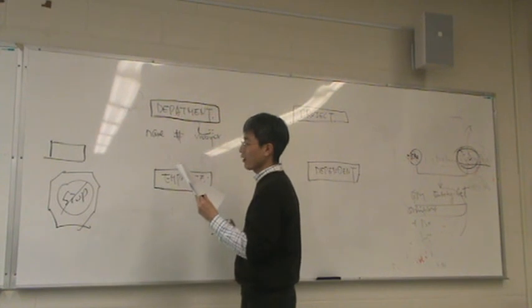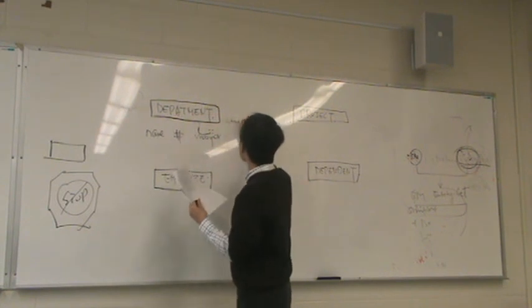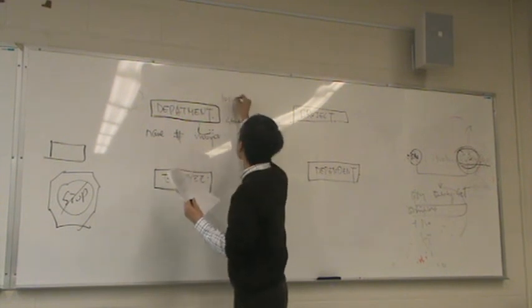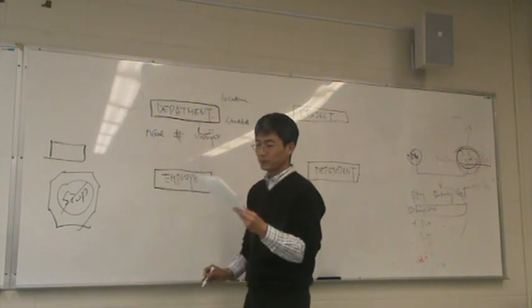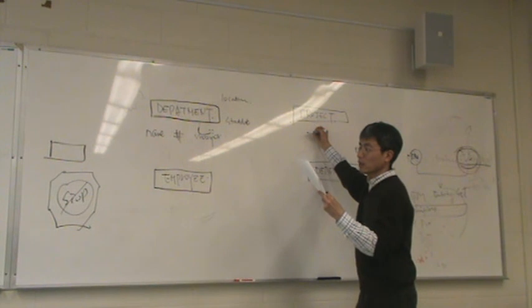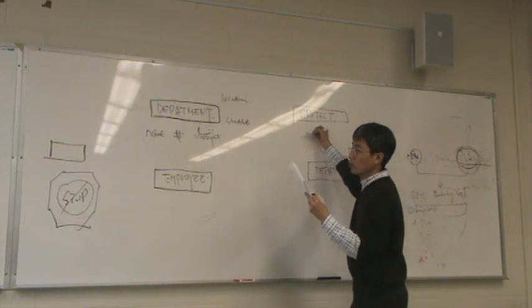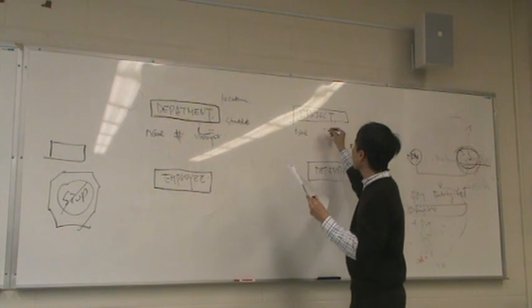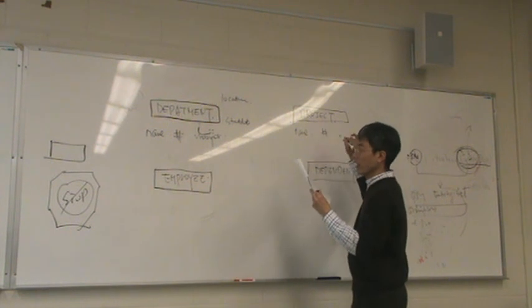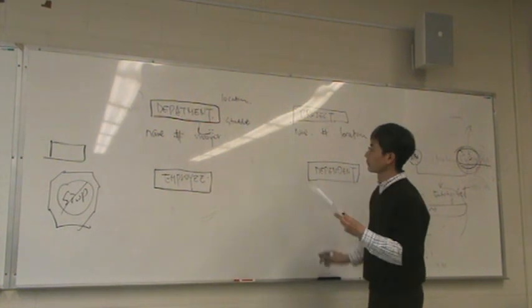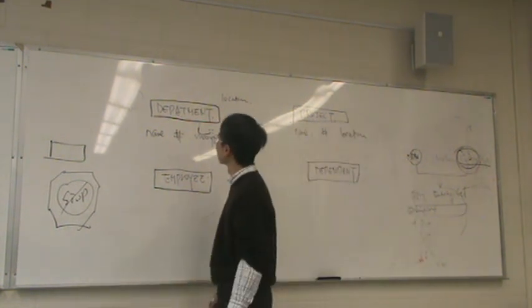And we keep track of the start date of the manager. Also, a department may have several locations. What about the project? Project has a unique name and unique number and is located at a single location. And so on.